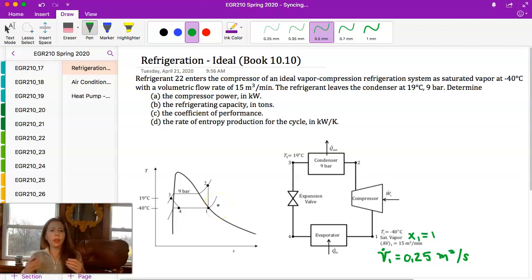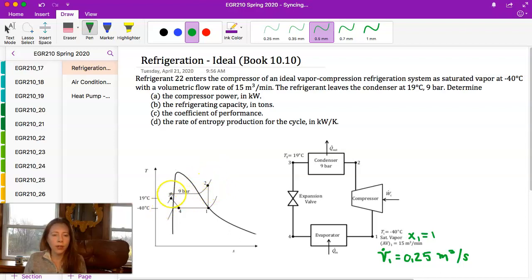For an ideal vapor compression refrigeration cycle, the key here is you're not getting entropy production through the compressor. So we have constant entropy here.